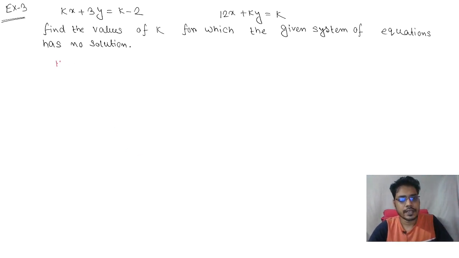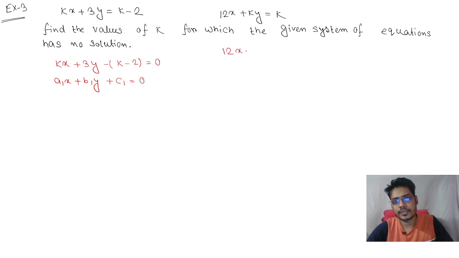So first you have to write kx plus 3y minus of k minus 2 will be equals to 0, as we write in the form a1x plus b1y plus c1 is 0, and the second equation, that is 12x plus ky minus k is 0. That means we write in this form a2x plus b2y plus c2 is equals to 0.